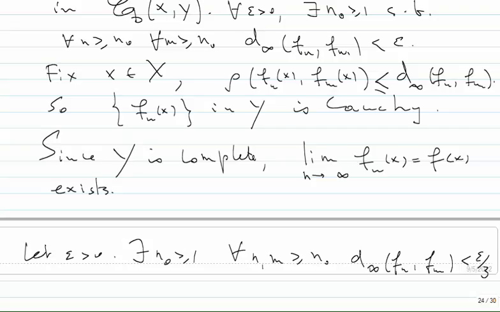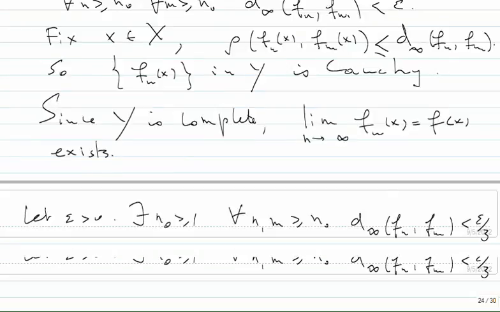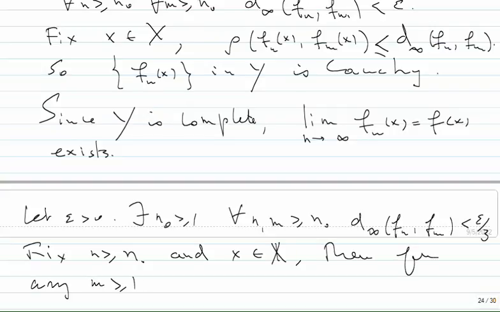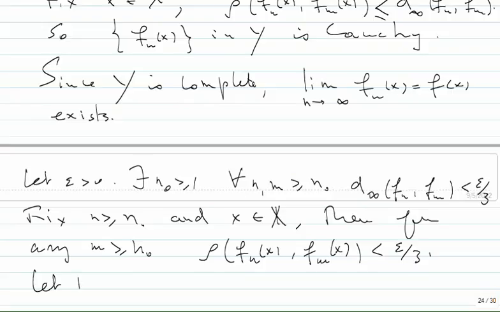So next, fix n0. So fix n greater than n0, and x in X. Then for any m greater than n0, we have rho of Fn of x to Fm of x less than epsilon over 3. We used this fact before, and now let m go to infinity.